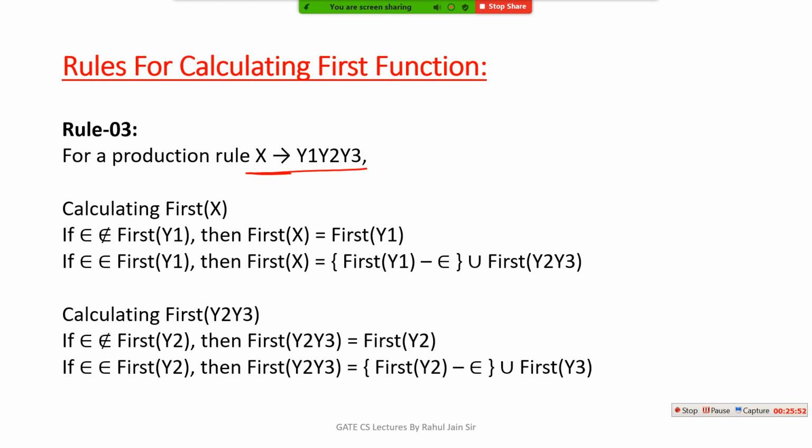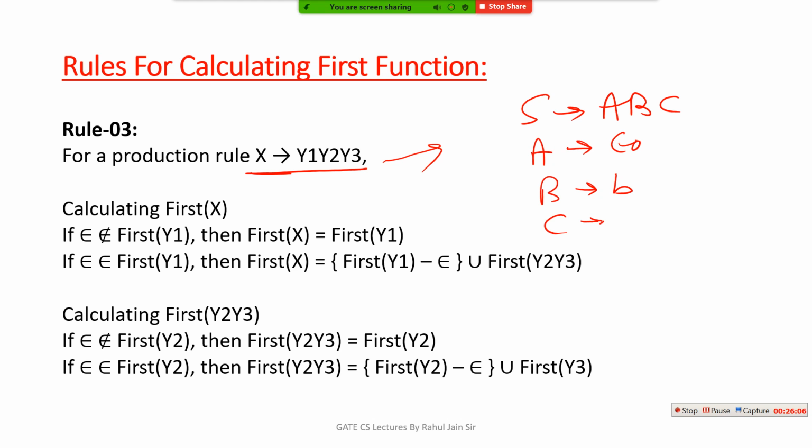For this I am taking an example. Suppose S derives A B C, and suppose A derives epsilon, B derives small b, and C derives small c. If in this question I ask what is first of S, a terminal symbol should be there.